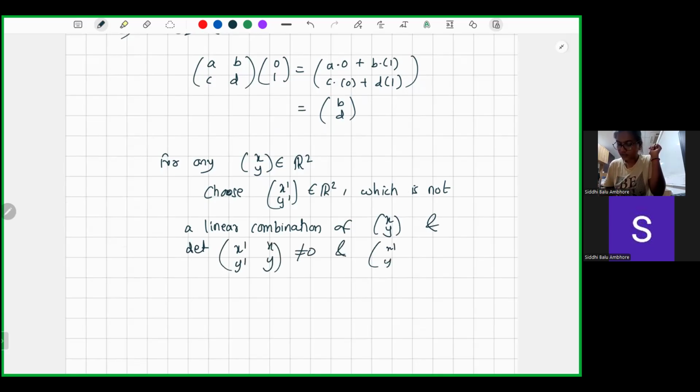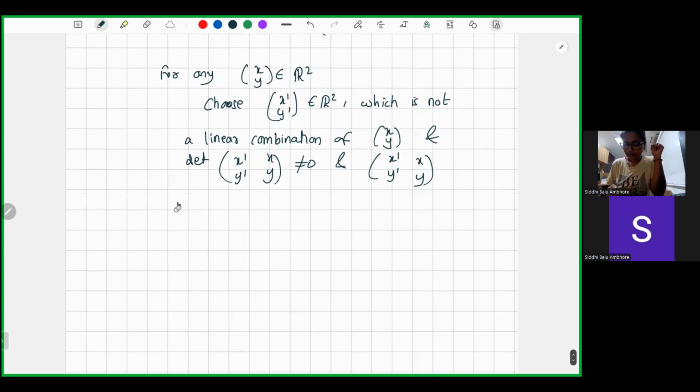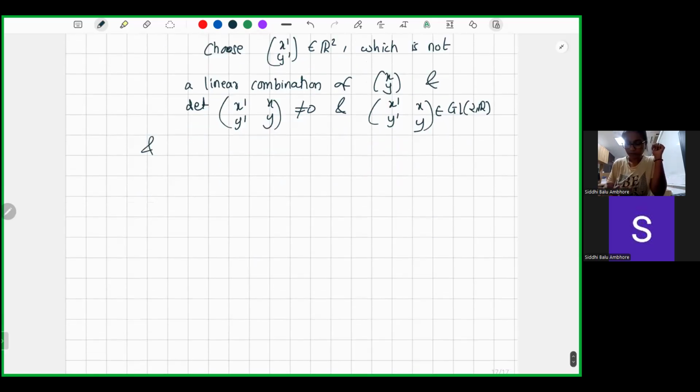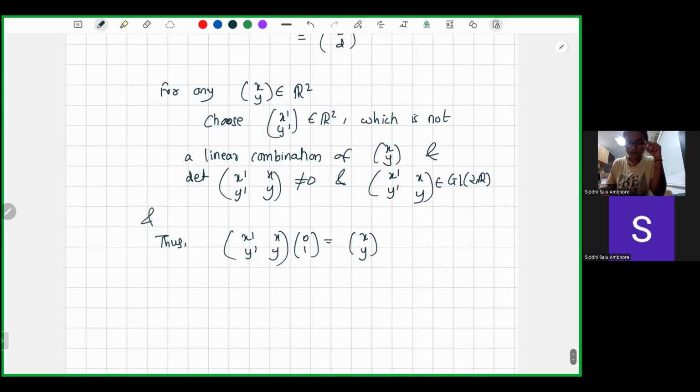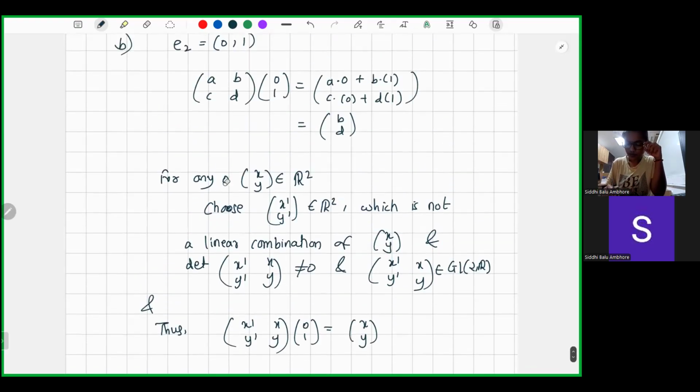The similar argument which we did, but now we are doing it for the second column, will belong to GL2R, and thus this matrix times 0, 1 will be xy, and this I was choosing non-zero.